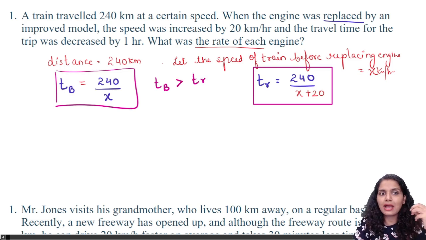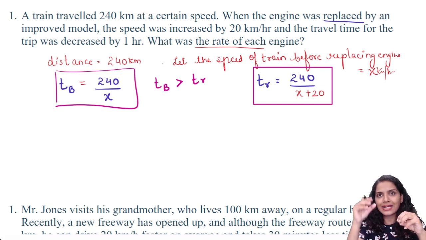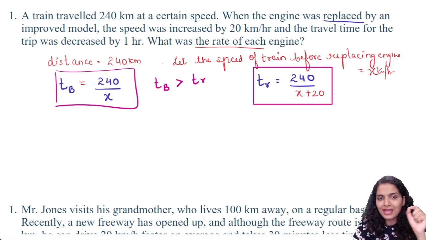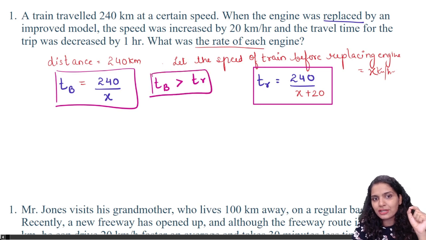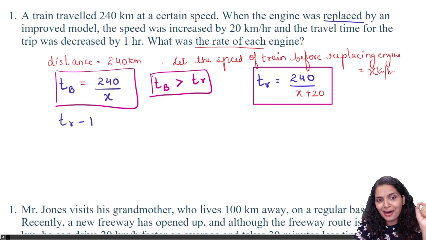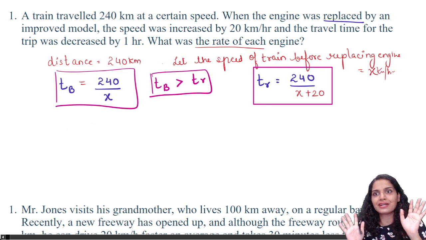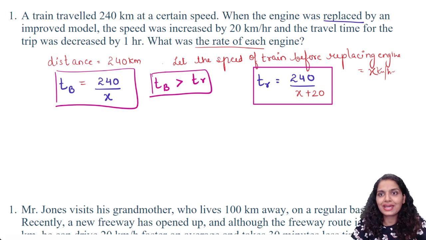If I'm looking for a difference, I need to make sure that I'm subtracting a smaller number from a bigger number. That's why I always check which time is greater. If you do TR minus TB, you will land on a totally different answer. So be very careful, check for the time which is greater and then solve it.